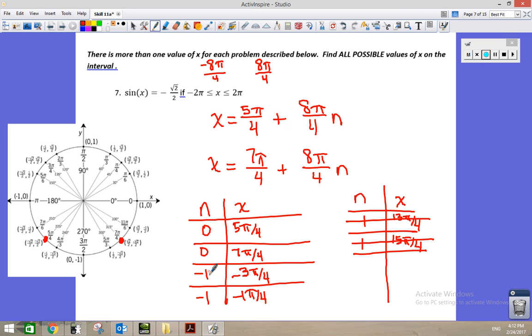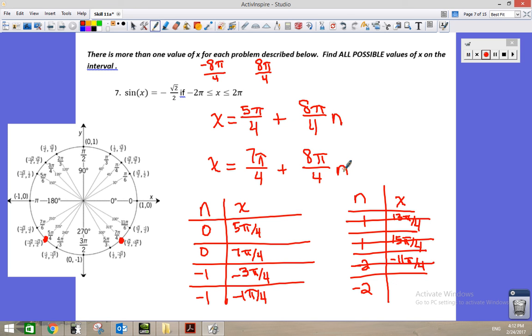What if I went all the way down and let n equal negative 2? Well, 8 times negative 2 is negative 16. Negative 16 plus 5 is negative 11. But negative 11 is smaller than negative 8. Negative 8 pi over 4 is bigger than negative 11 pi over 4. This number is too small. It's not my solution.